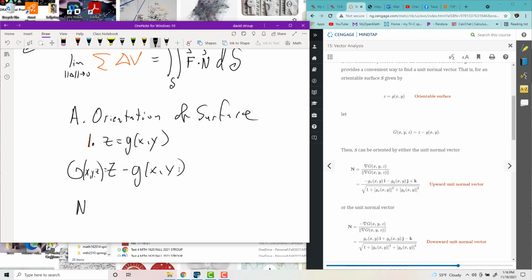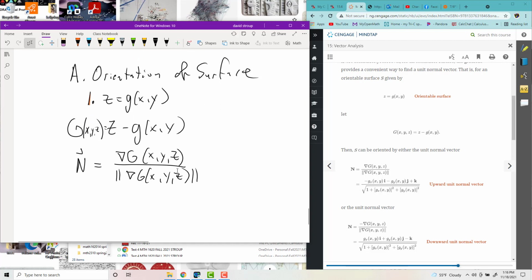But we want a unit normal vector, so it's the gradient, but then you have to divide by the magnitude of the gradient. So gradient of G of x, y, z, all over the magnitude of that thing, and that will be the upward unit normal vector. And then downwards is just the negative of that. But like I said, in the homework we're always going to be using the upward unit normal vector, so don't even worry about it.